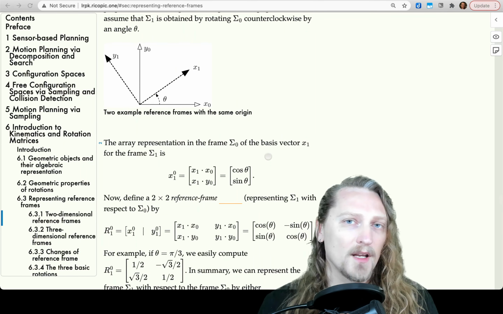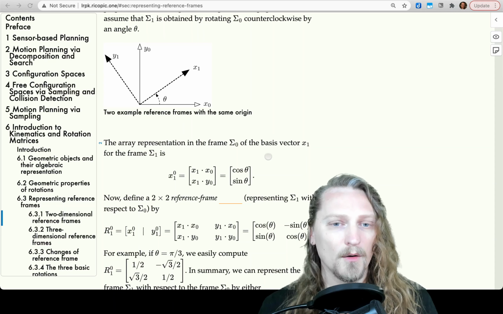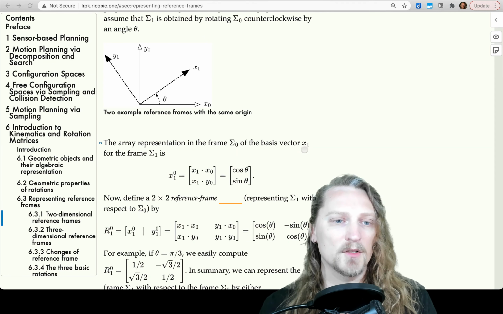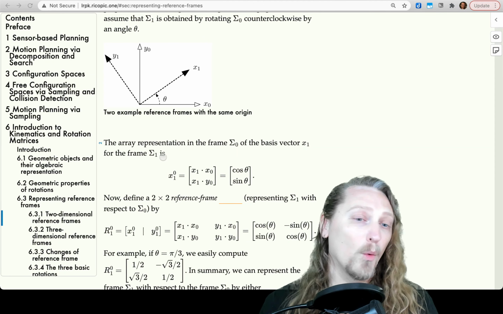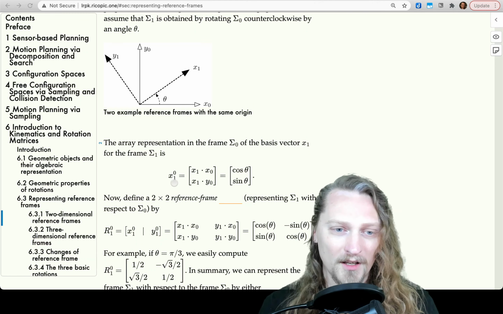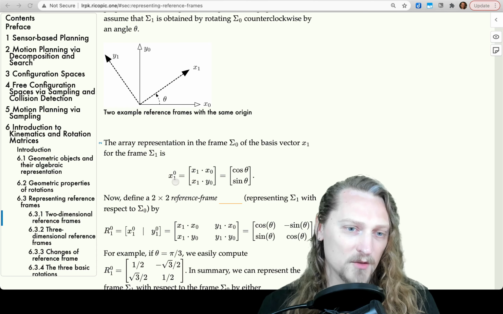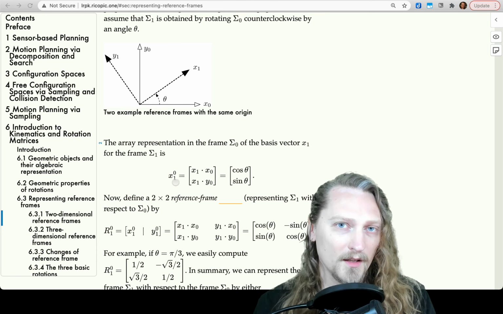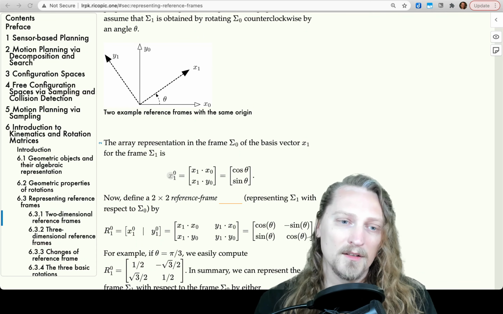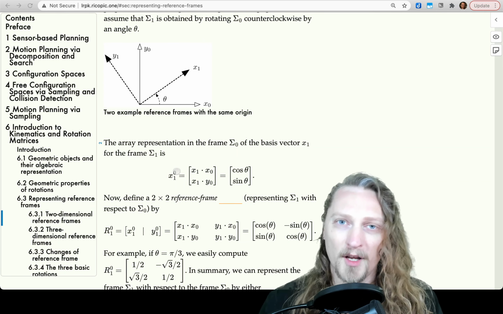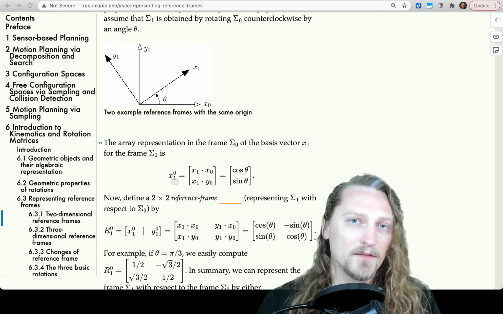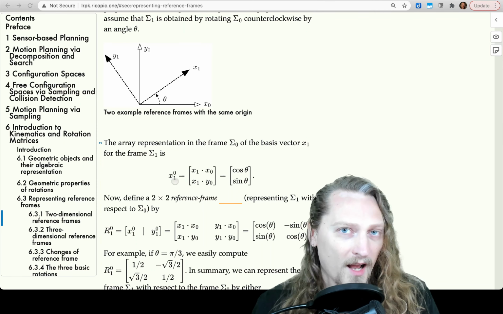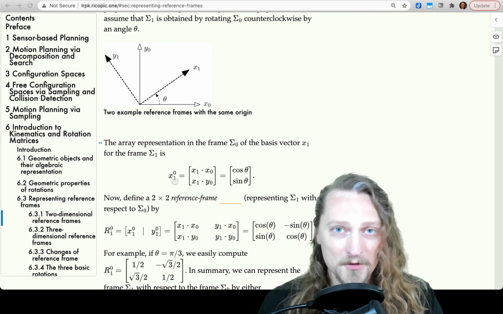The array representation in the frame sigma 0 of the basis vector x1 for the frame sigma 1 is given here. So it's x1, that's the subscript 1, which specifies which vector it is, okay? And it's represented in frame 0. Remember, x1 is a vector whether or not it has a reference frame, okay? It's a geometric object.